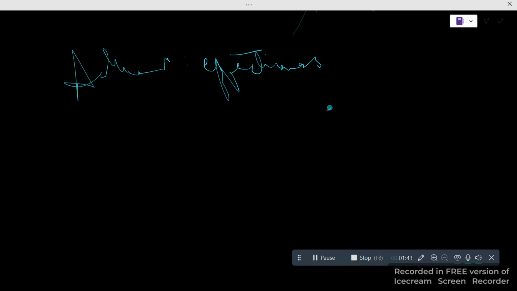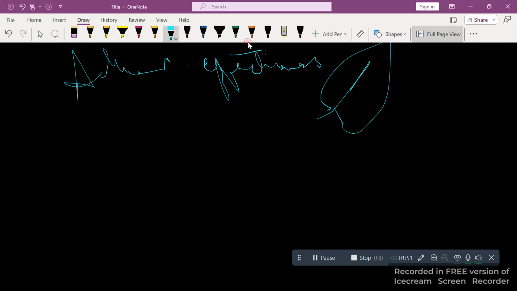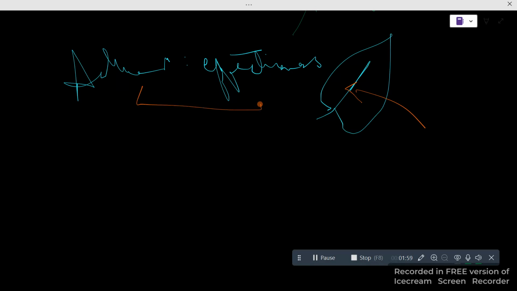You might have seen that this is a leaf and this leaf is green, but you might not have noticed why this leaf is only green in color. There's a reason which I'll tell you. This action spectrum tells the effectiveness in the sense of which light could be absorbed and which could not be absorbed.